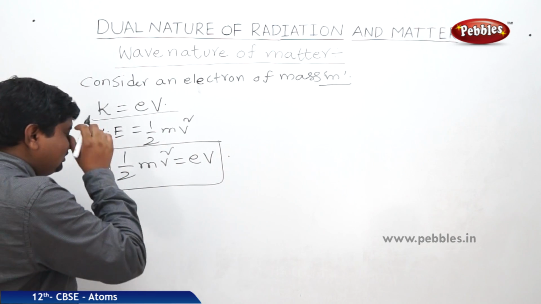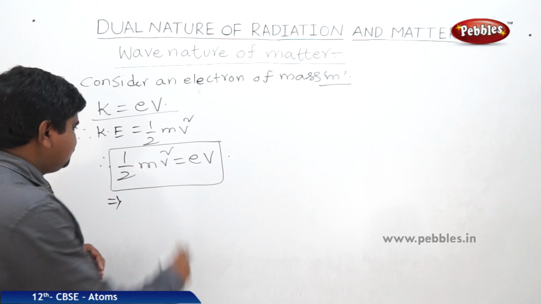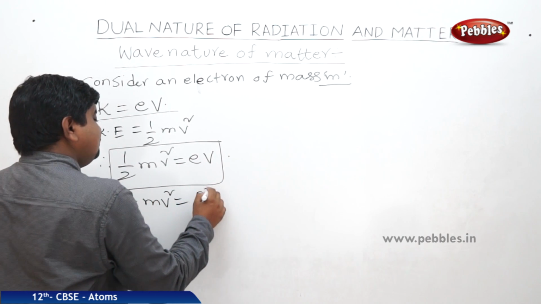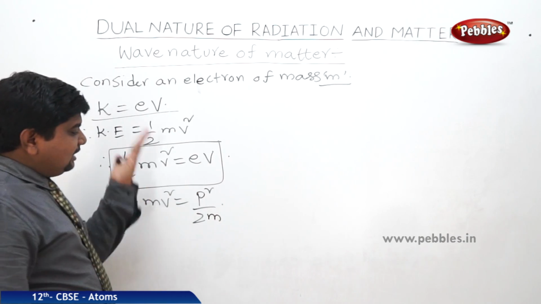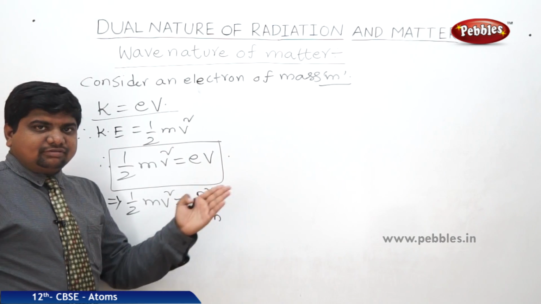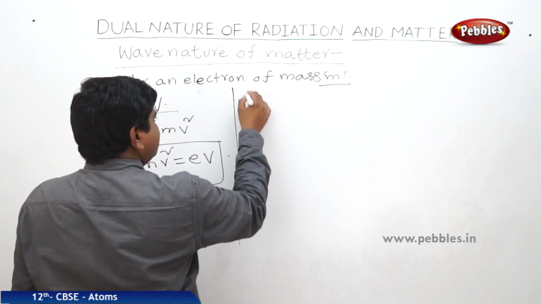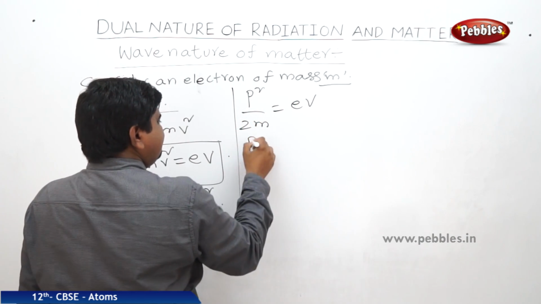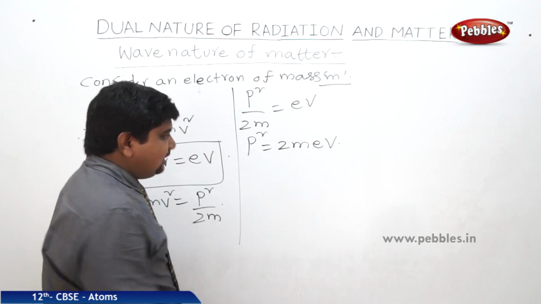In this case, we are going to see the expression for P. We can write half mv square is equal to P square by 2m, because P is equal to mv, so (mv) whole square by 2m, m square and m get cancelled, and we get half mv square. So, P square by 2m is equal to eV. Cross multiplying, P square is equal to 2m eV.